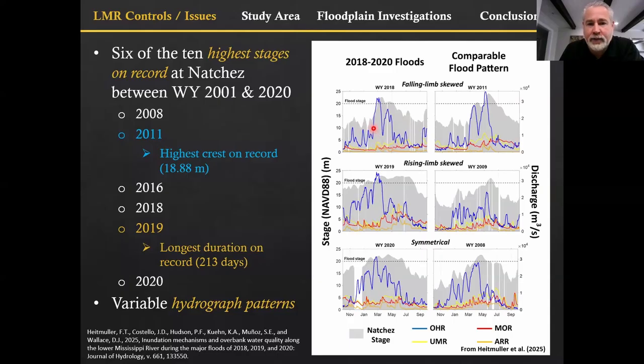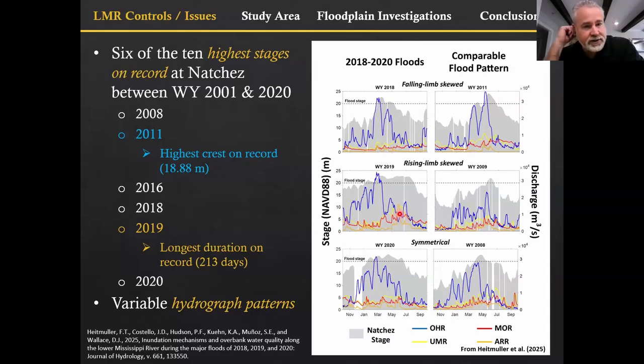You can see the Ohio River is pretty much always the main contributor toward flooding downstream on the lower Mississippi River at Natchez, sometimes with supplementation by some of those other tributaries draining the less humid side of the drainage basin.